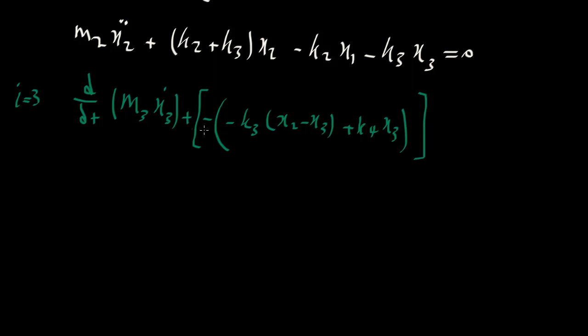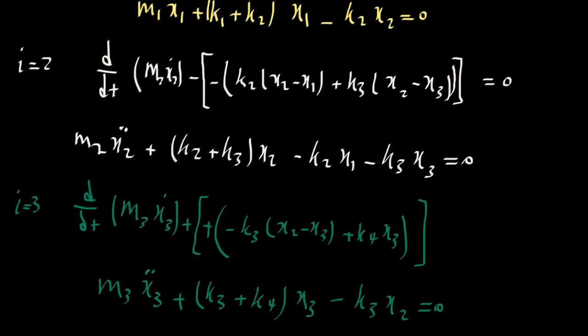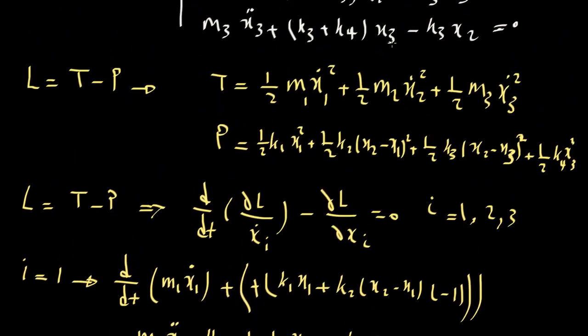Here again minus minus would be positive, and this would be m3 x3 double dot plus (k3 plus k4) x3 minus k3 x2 equal to 0. And this should be exactly the same equation that we got from Newton's approach.